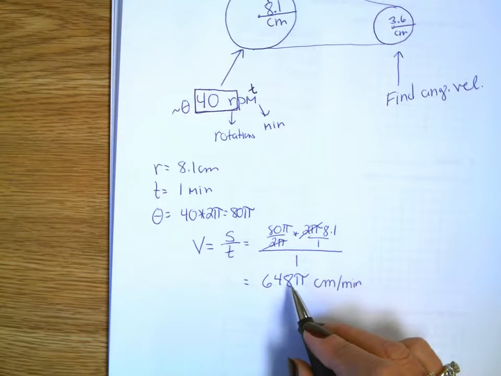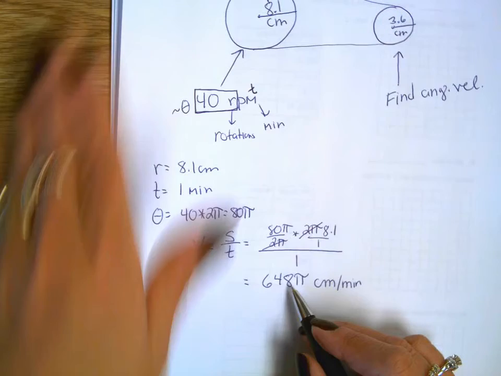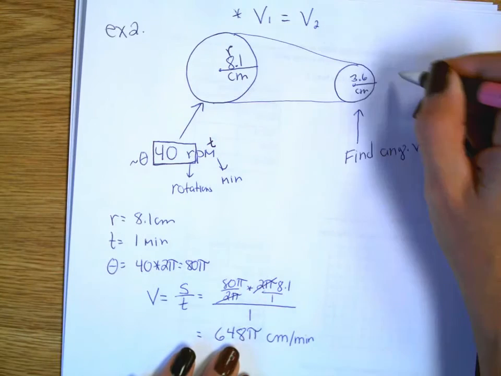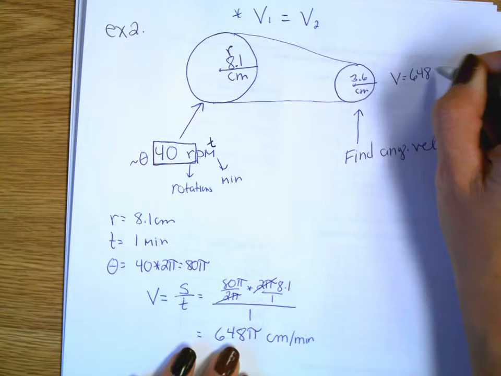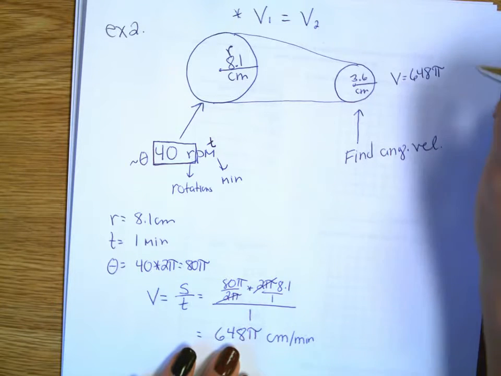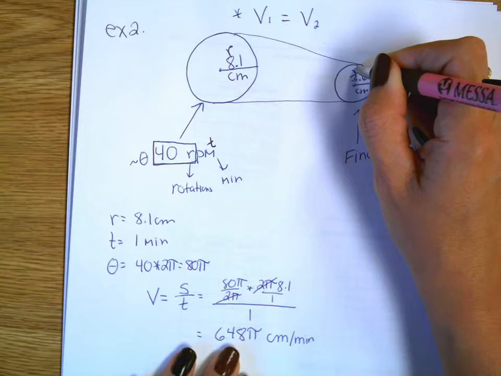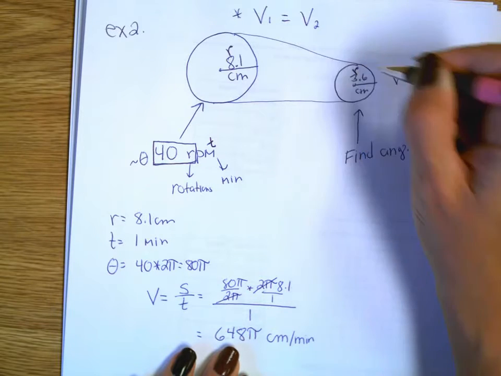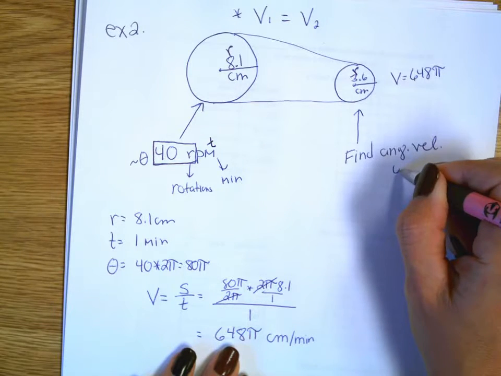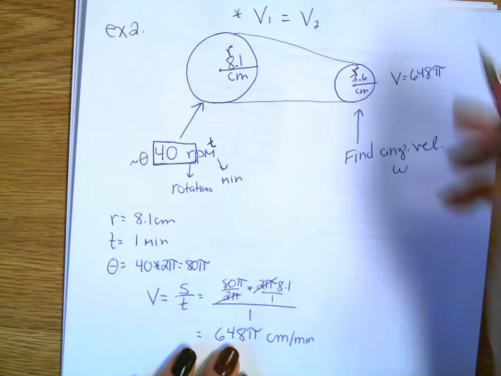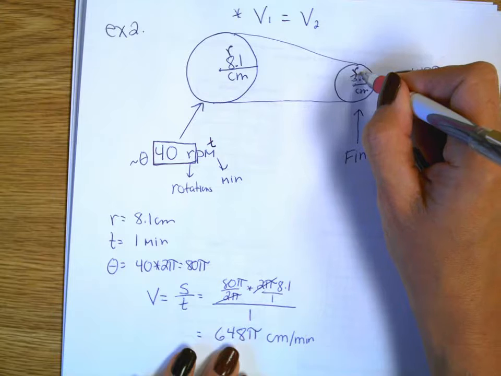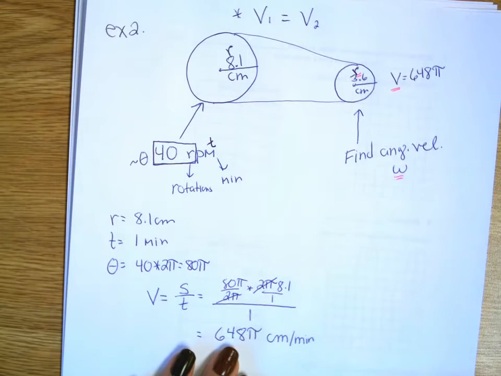Okay, so now that we've got the velocity that this whole mechanism is moving at, we know big V over here is 648 pi. We've got R, and we are looking for W. Is there an equation that relates big V, R, and what we're looking for?